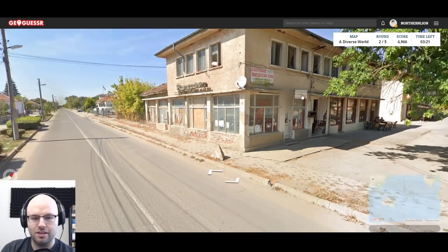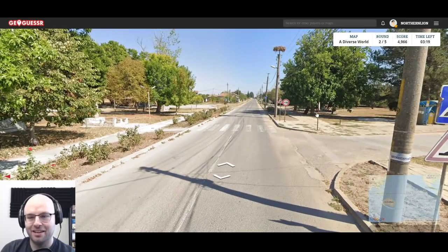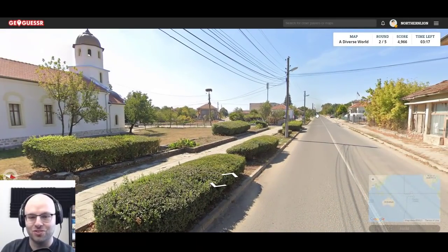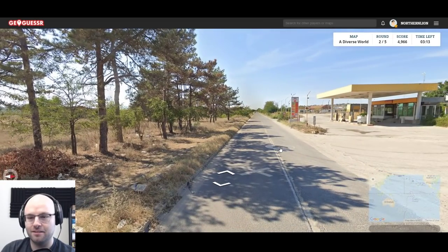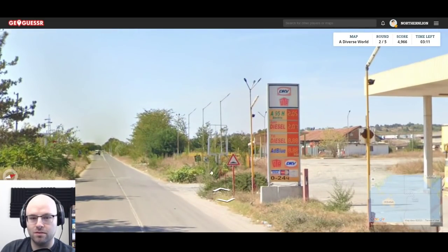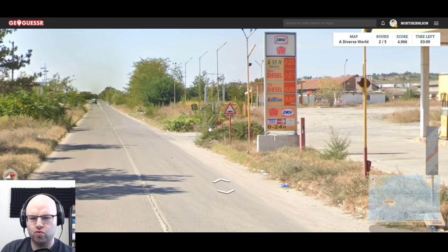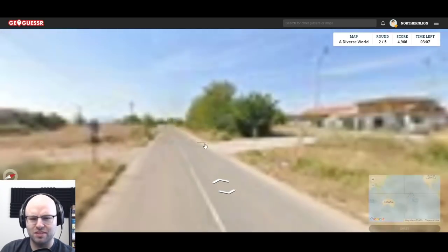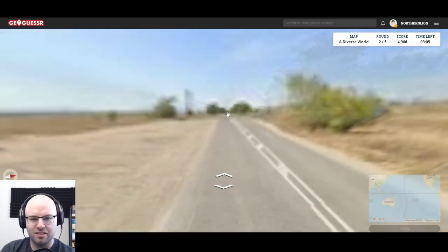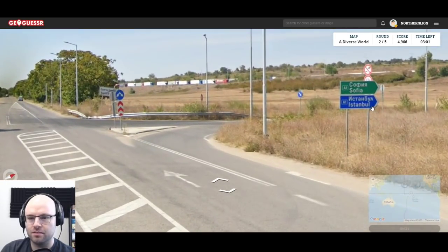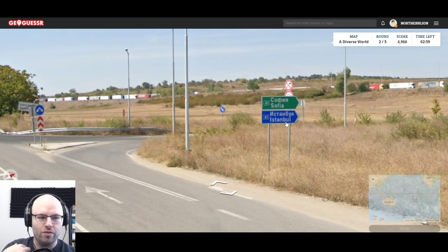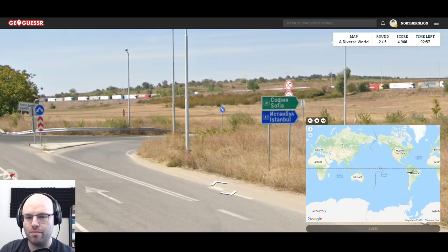Did you see the text on this one? Why is it so dry? This is like right out of the exclusion zone here. This is very interesting. Oh, okay. Never mind.